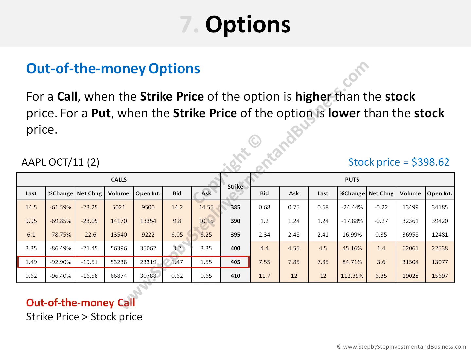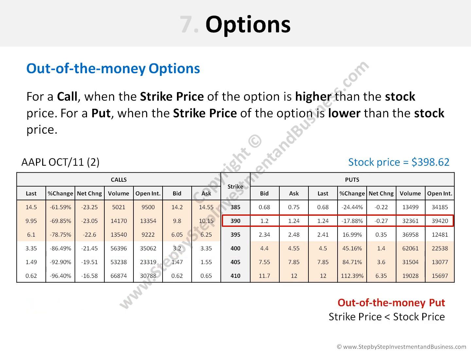Also considering that the current stock price is $398.62, the selected call option is an out-of-the-money call because its strike price, which is $405, is higher than the stock price. On the other hand, the put option selected right now is an out-of-the-money put because its strike price, which is $390, is lower than the stock price.